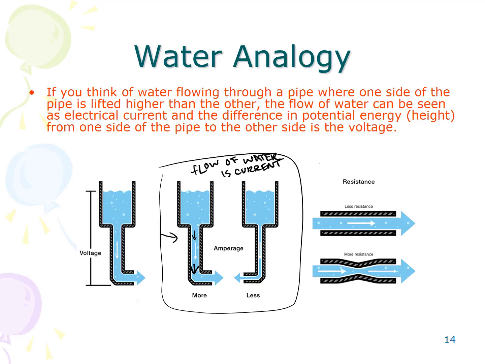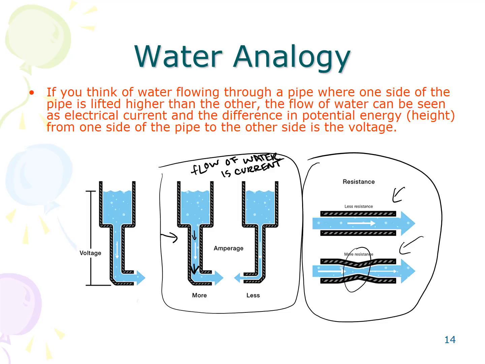Resistance, if you notice over here, we have our resistance picture. Something that's impeding the flow of this water or flow of electrons would be something that has resistance. Something with less resistance would be if the pipeline was totally free, and something with more resistance would be if there's a kink right here in it, so less of the water can flow through.